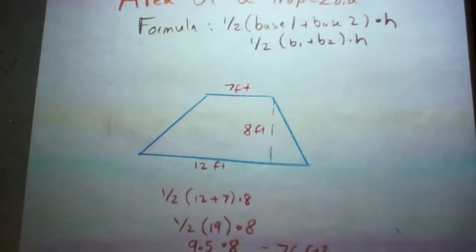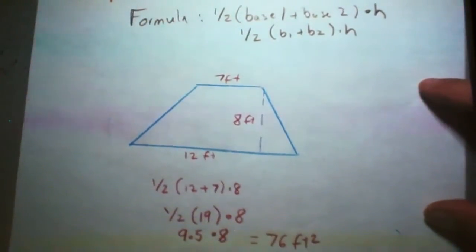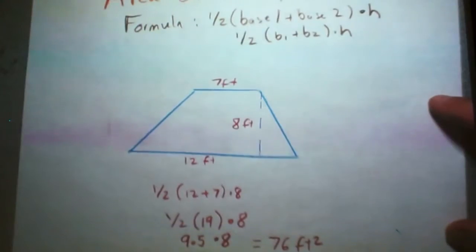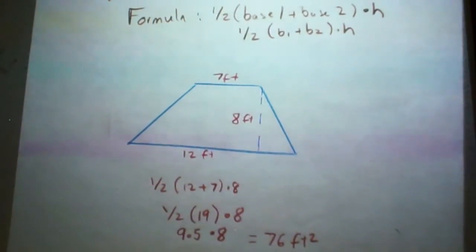Again, the height is a line that is dropped down from one of the interior angled vertexes down to one of its opposite side length. So in this case here, as I said, I've got a measure of 7 and a measure of 12.